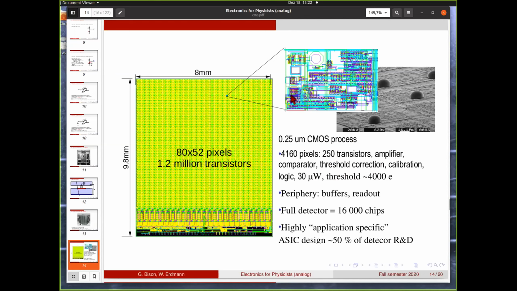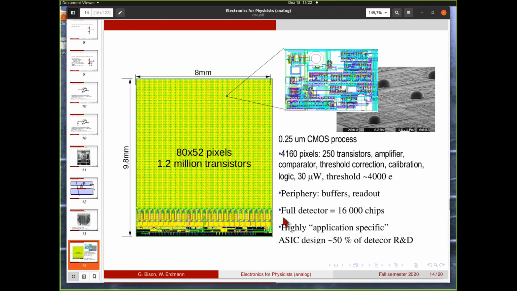So these are done in a digital way. You also need logic for reading out the data and for injecting calibration signals. So this whole thing consumes about 33 microwatts of power, which sounds like not very much, but the whole detector in the end still consumes several kilowatts of power.